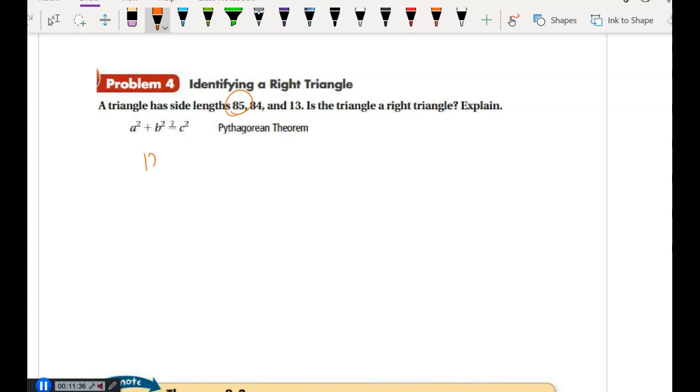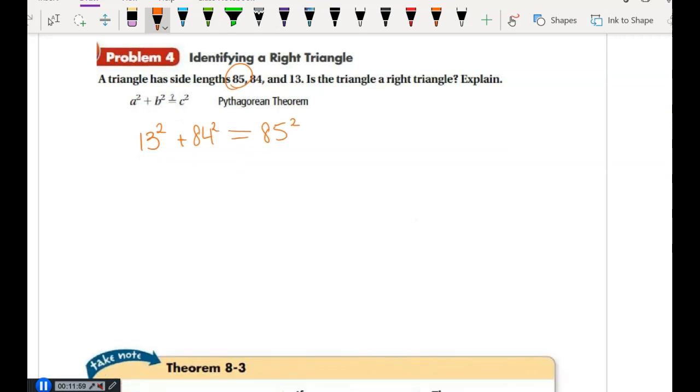So now we've got 13 squared plus 84 squared, and I'm putting the equal just in case, is equal to 85 squared. If this statement is true, then I have a right triangle.